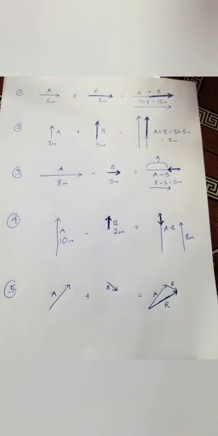And your resulting vector is going to be a vector R which starts from the tail of vector A and ends at the head of vector B. So it's the same concept, head to tail, for any addition or subtraction. If it's addition, you add them just the way they are. If it's subtraction, you change the direction of the second vector.